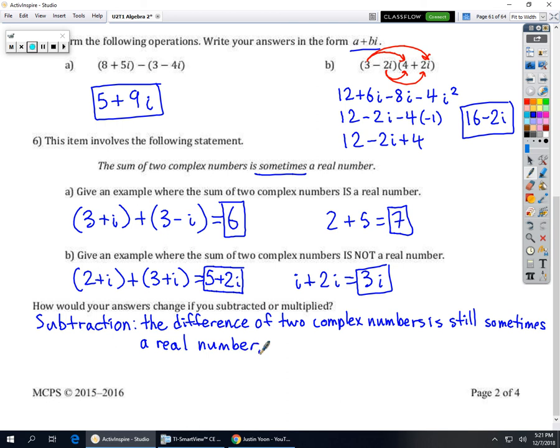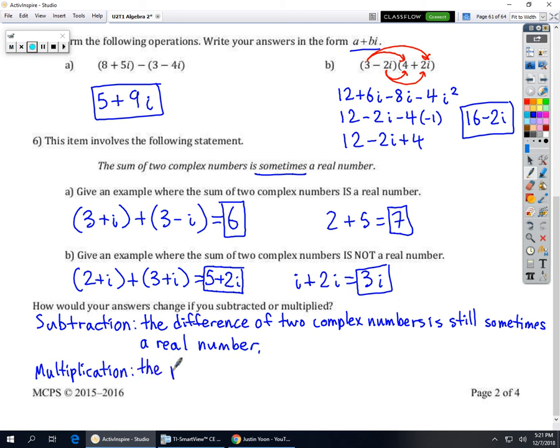For multiplication, it is also sometimes. It's still the same here. So in this case, when you're multiplying, we call this the product.